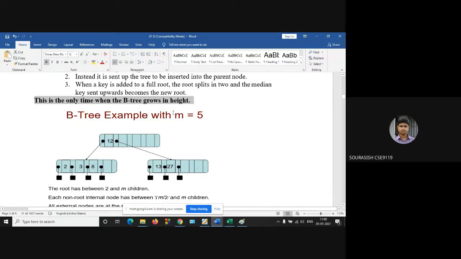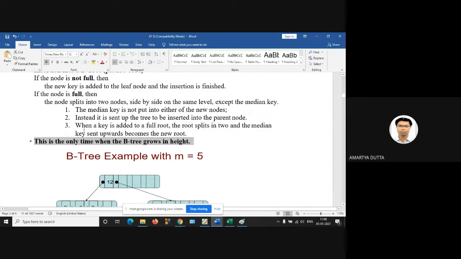It will then split the root. The last point is that when a key is added to a full root, the root splits into two nodes, and you have to find the median key. The median key is sent upwards and becomes the new root.